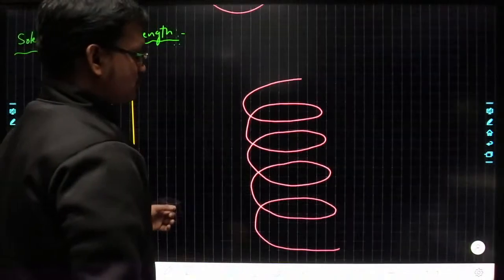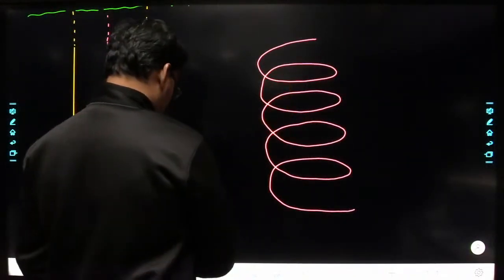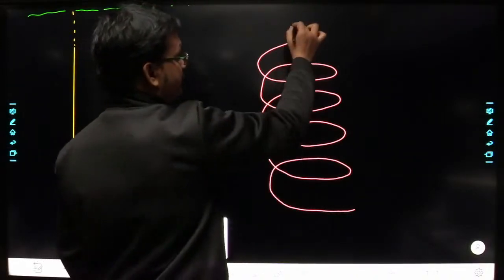This is the solenoid of infinite length.